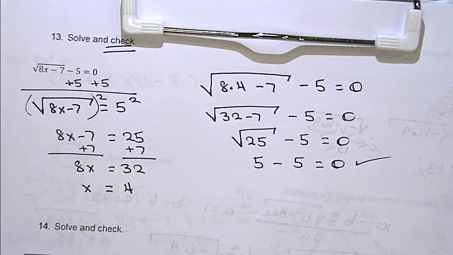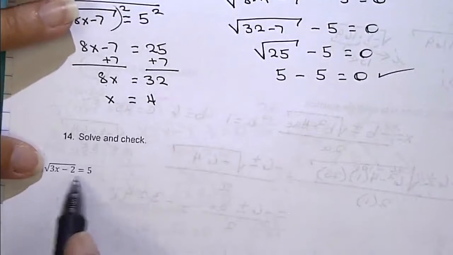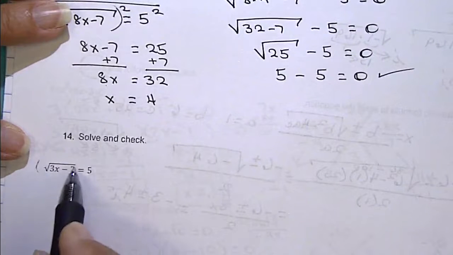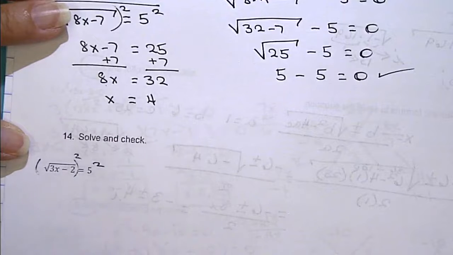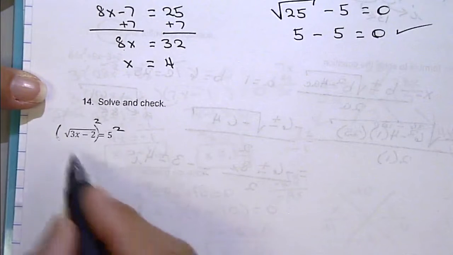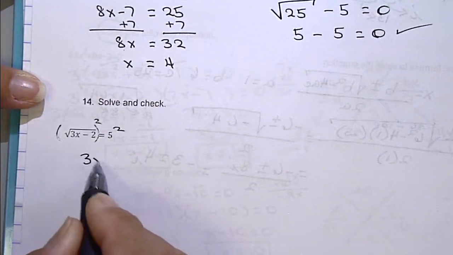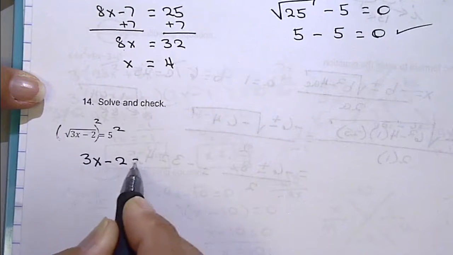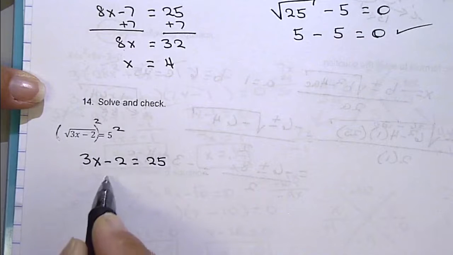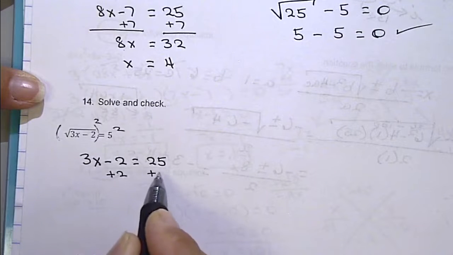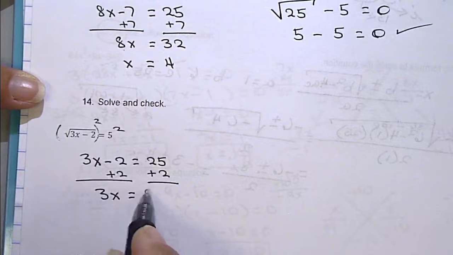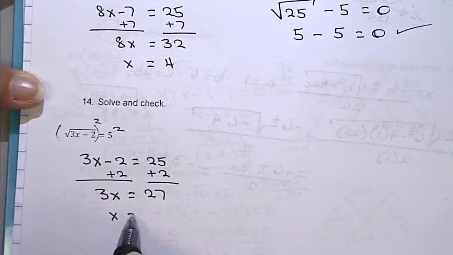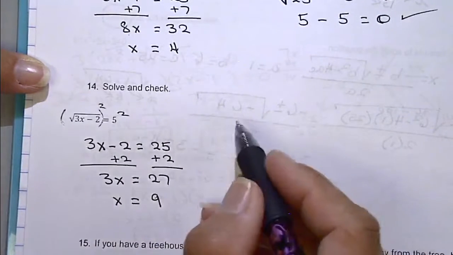All right, let's look at this one. For this one, I'm going to square both sides. Well, the radical's already on one side, and just the 5 is on the other, so all I have to do is square both sides to solve it. I end up with 3x minus 2 is equal to 25. Add 2 to both sides. And 3x is equal to 27. And then when I divide by 3, x is equal to 9. These are simple.